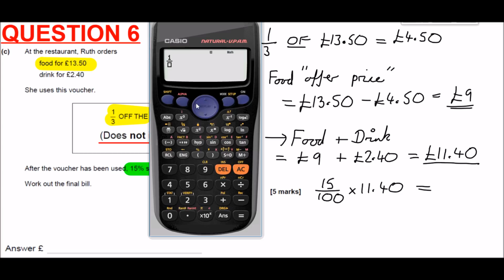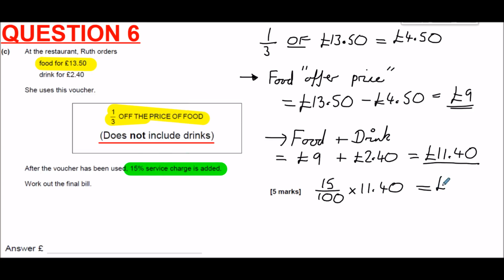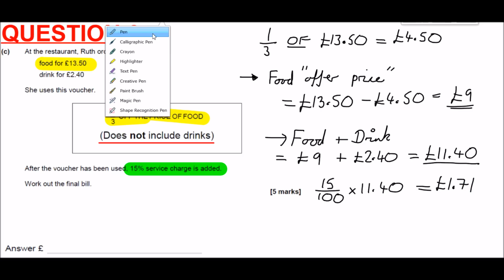So 15% means 15 over 100, and multiply by the amount in question, and we get £1.71. So the service charge is £1.71.